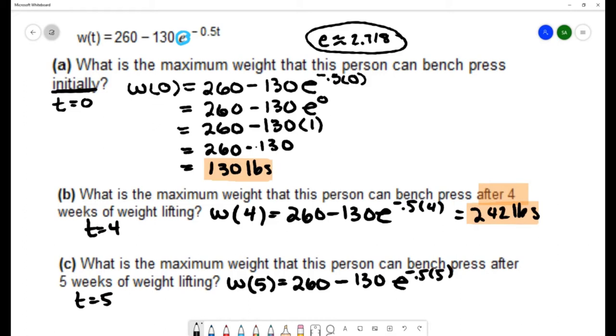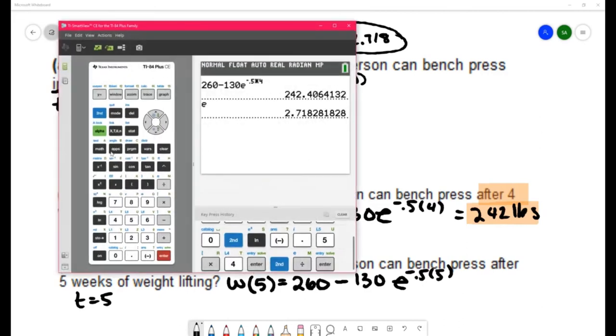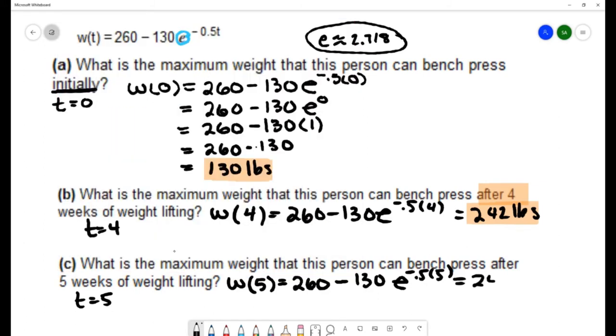We'll substitute that into the calculator, and that will give 260 minus 130 e to the negative 0.5 times 5. So we get a maximum weight of 249 pounds. After 5 weeks of training, we're able to have a maximum weight of even more.